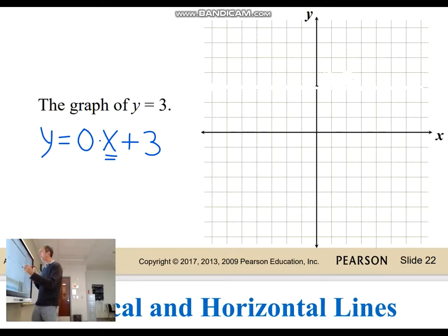You can make x equals 1, you're going to have y equals 3. You can make x equals 5, y keeps being 3. You can make x equals anything, negative 5, negative 6. No matter what the value of x, y will always equal 3.